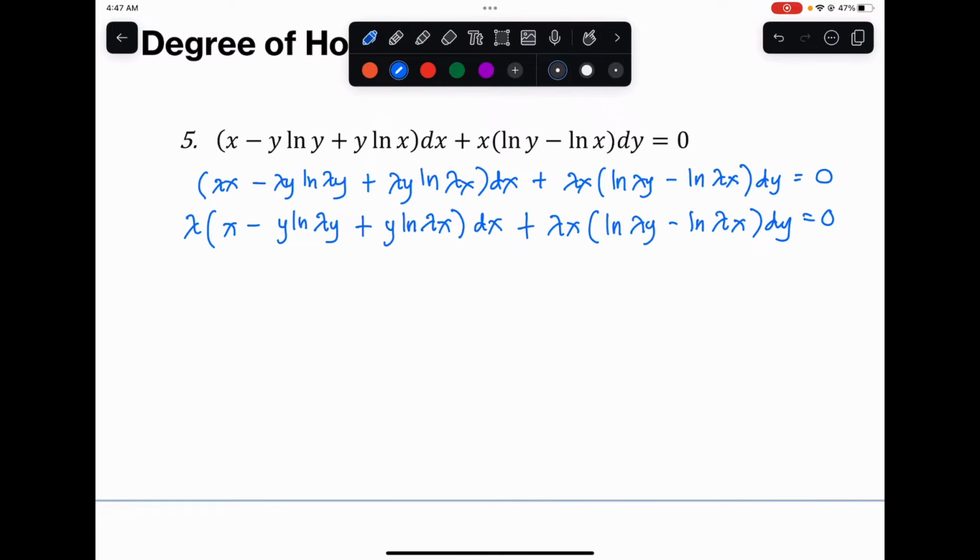So as you can see here, although we can factor out lambda, we still have lambda x or lambda y inside. So that makes it possible that it's not homogeneous, because we were able to retain lambda within the differential equation. But this is a natural logarithm, so we can apply some properties if we can cancel out those lambda. So let's try to do it. Okay.